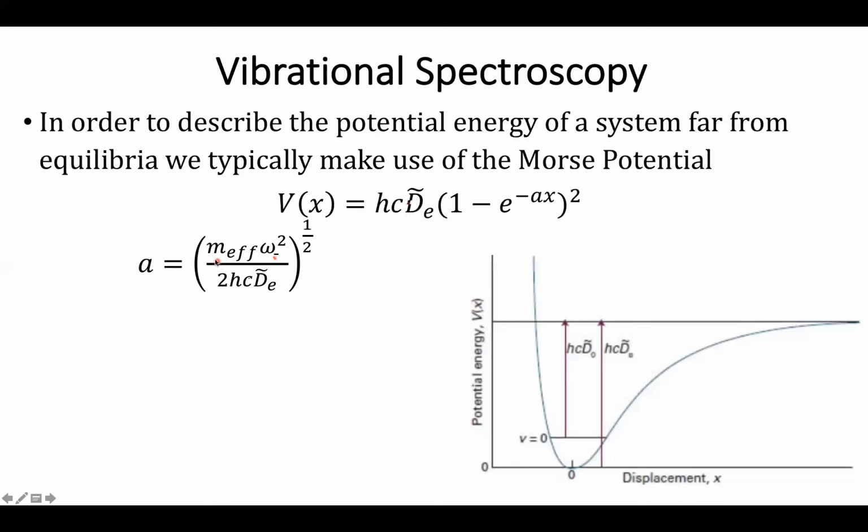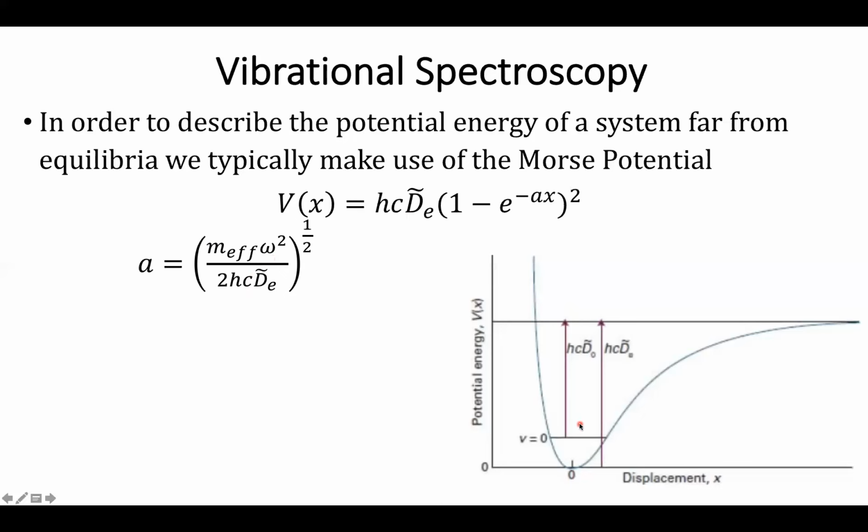But it's worth noting that you can actually combine our effective mass times the square of the vibrational frequency, and more or less what you get back at that point is the force constant. So what this is telling me a lot about is the stiffness of the system.